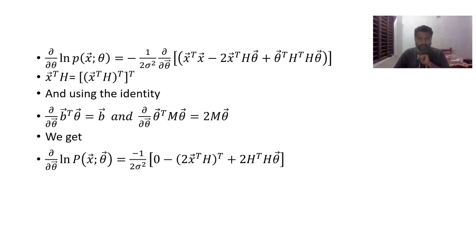So I can call h transpose h as m, and take it as theta transpose m theta. So dou by dou theta of theta transpose m theta is nothing but 2 into m theta. So m is nothing but h transpose into h, so I can write it as 2 into h transpose h into theta. I think it's clear for you.